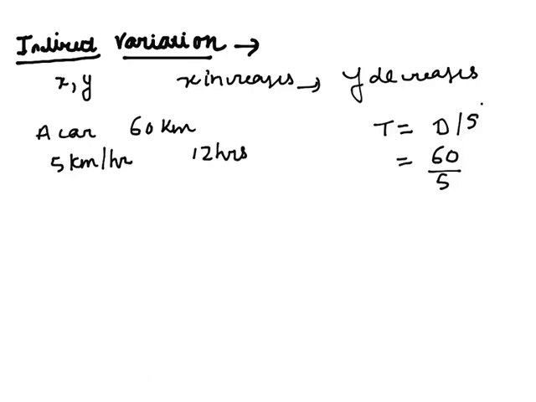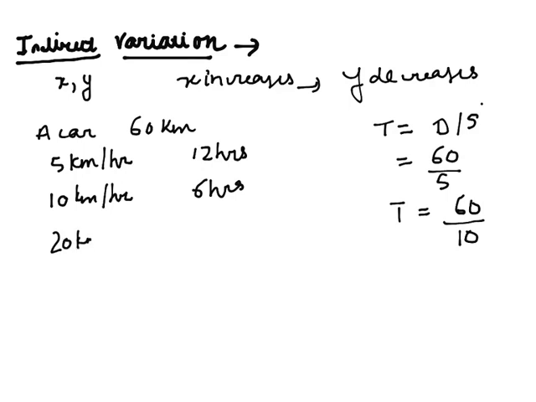Now let's take, if the car is moving at the speed of 10 km per hour. In that case time will be how much? Distance is 60 km only, but we are only changing the speed. So time taken will be 6 hours. Next, suppose now the speed of the car is 20 km per hour.